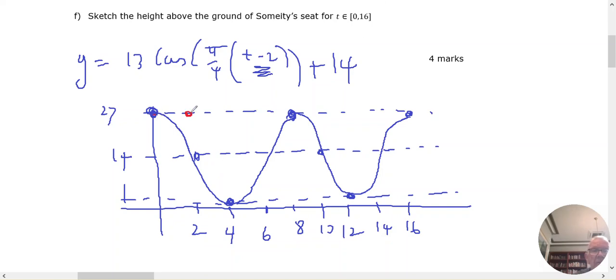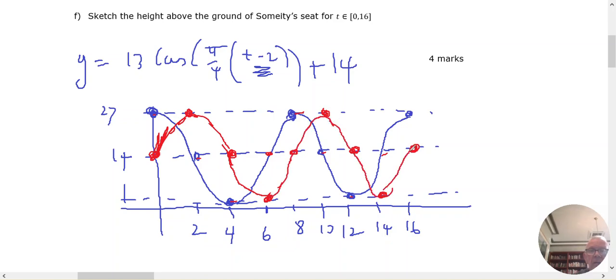So that goes over to 2, that goes over to 4, that goes over to 6, that goes over to 8, that goes over to 10, that goes over to 12, that goes over to 14, that goes over to 16, and that will be at 16. So this is the curve of what the height on the Ferris wheel looks like. Remembering that we initially are at 14 and we should finish at 16 and 14, and that this is h of t.